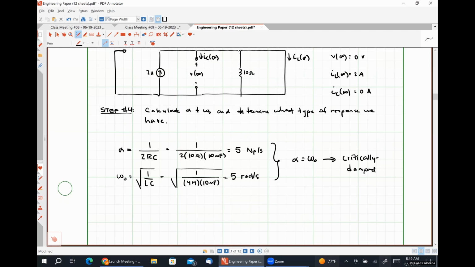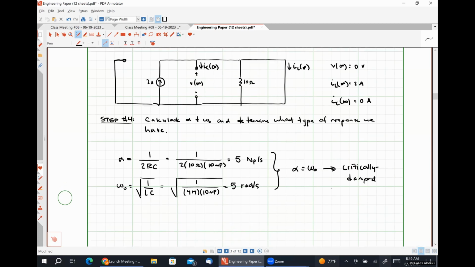Okay. So for the most part, everything here that we have done is going to be the same for every single circuit that I throw at you. But this last bit, step 5, is going to depend on what we are trying to solve for. Okay.